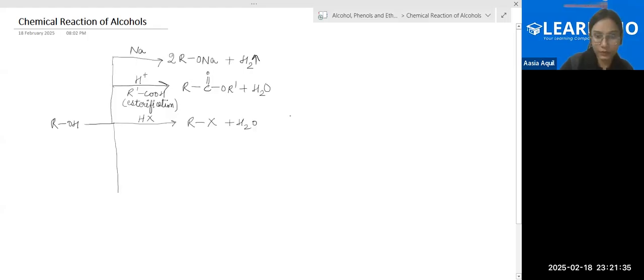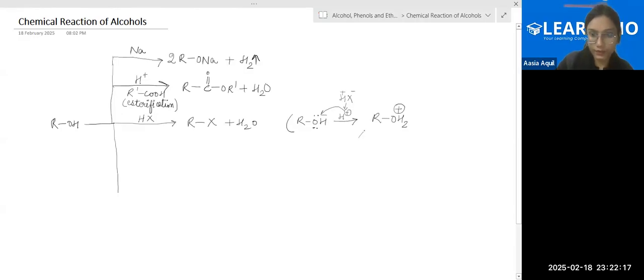I'm writing the mechanism here. You have ROH, that is your alcohol, with lone pairs on oxygen. HX will give you H plus ion, and this H plus ion will attack this oxygen, so ROH2 plus will form, along with X minus.